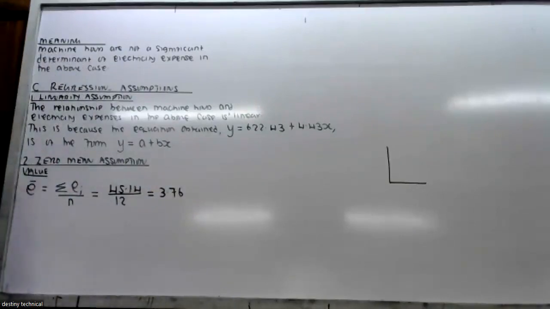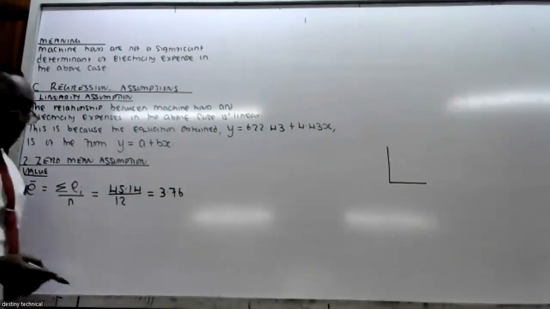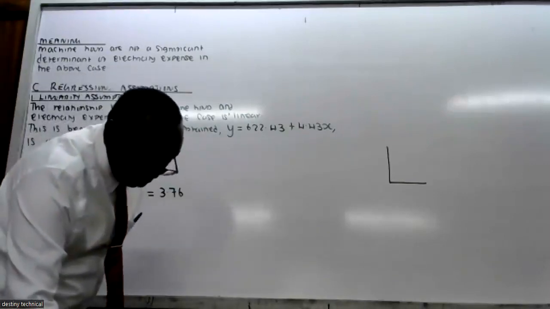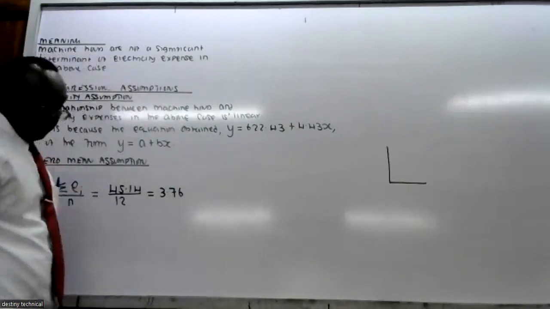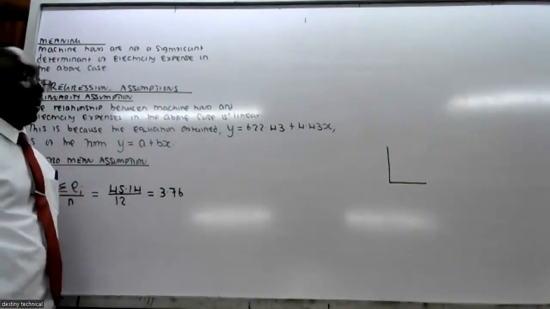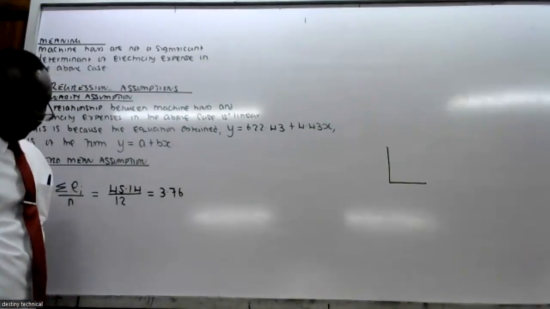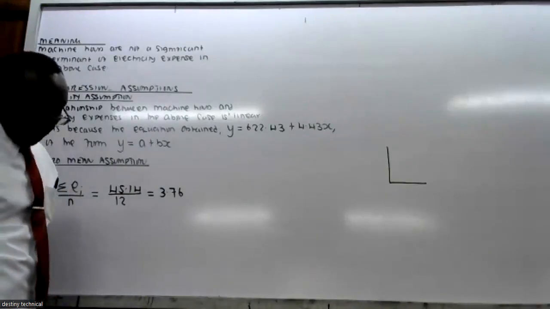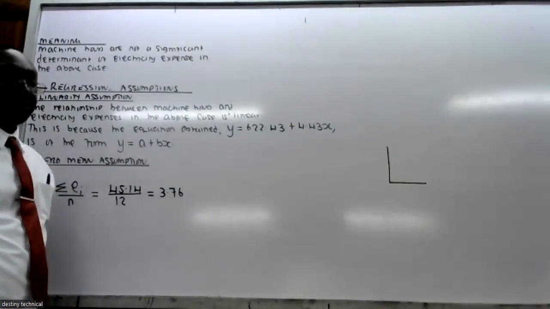So once you get 3.76, if you compare with the electricity expenses, now look at the column here, electricity expenses. You have 960 all the way to 1020.